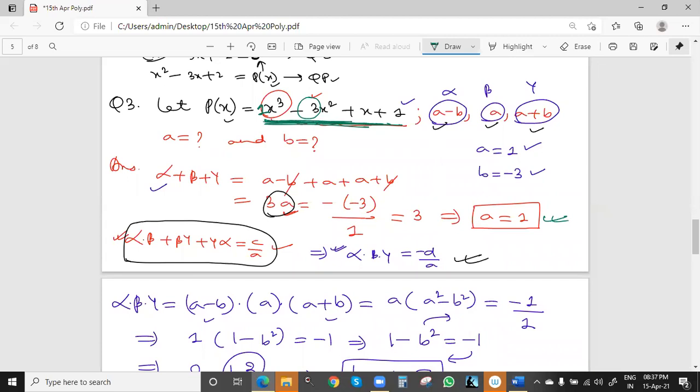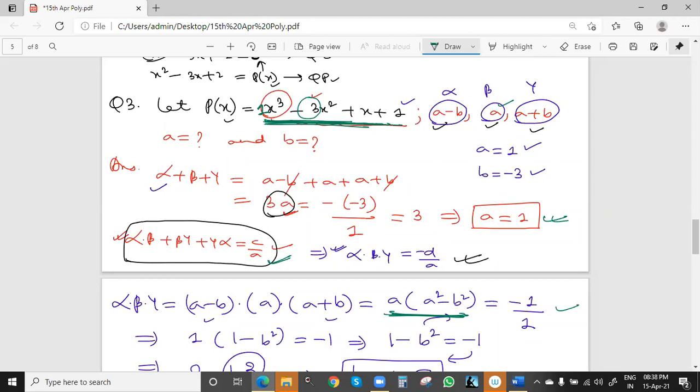You got this a value, and for finding the b value, same thing. We can use either this formula, alpha beta plus beta gamma plus gamma alpha is c by a, or this formula, alpha into beta into gamma, product of roots, is minus d by a. So alpha into beta into gamma, if you do this equation, you get a into a, we can take out, and a minus b into a plus b will be a square minus b square, equal to minus d by a.